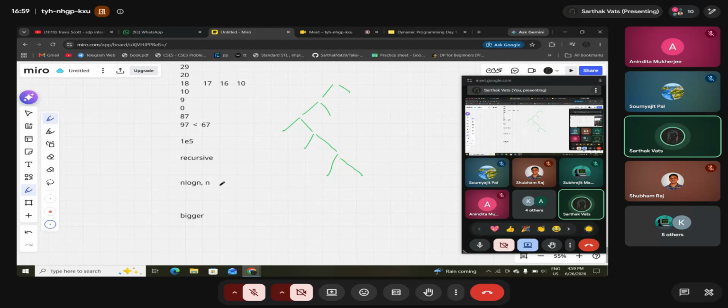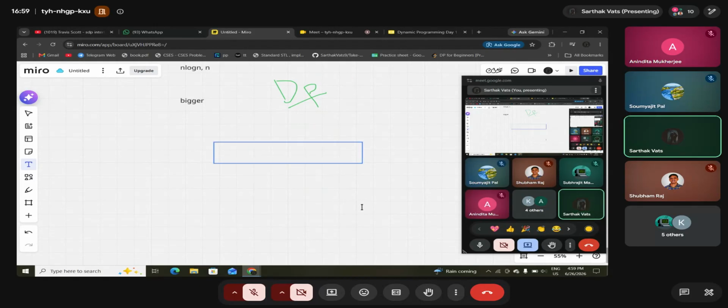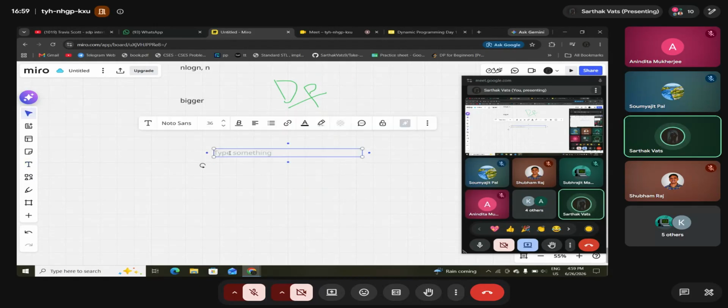Obviously we are learning DP, so this is going to be optimized using DP. There are going to be 1e5 cases, right? All the numbers that I get are lesser than 1e5.